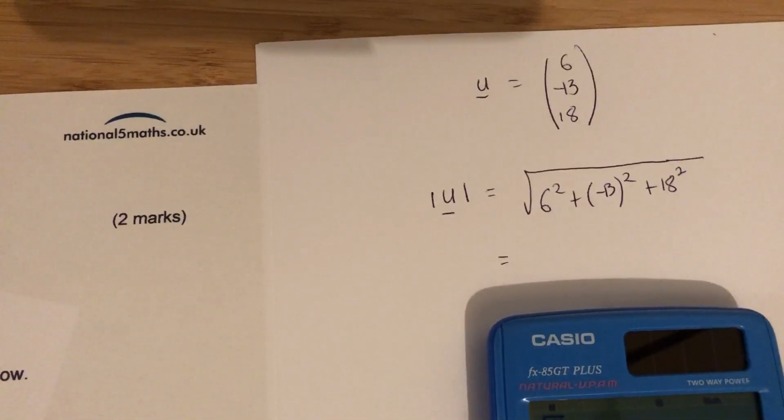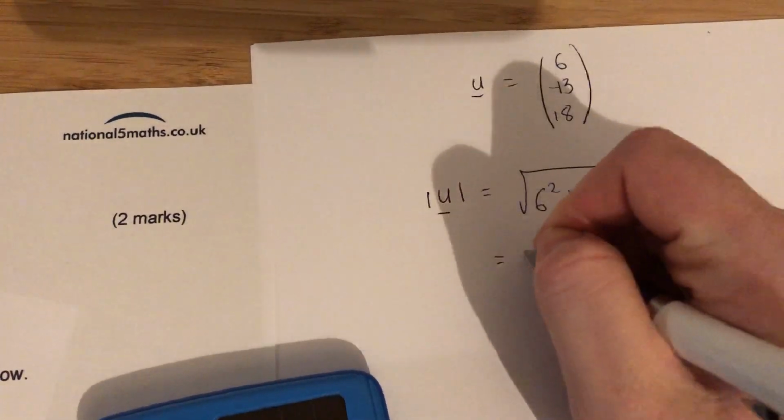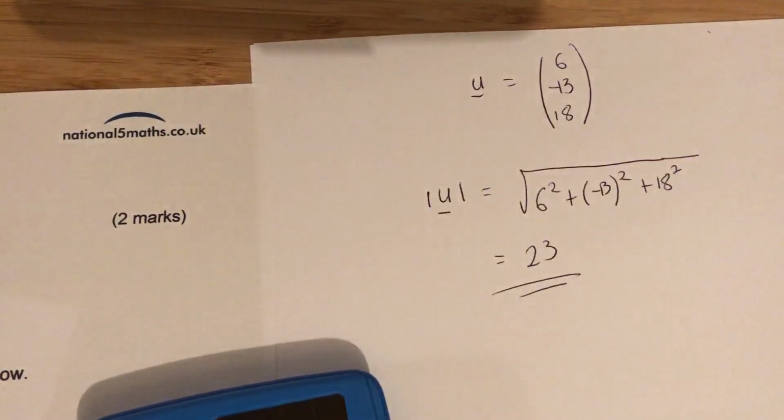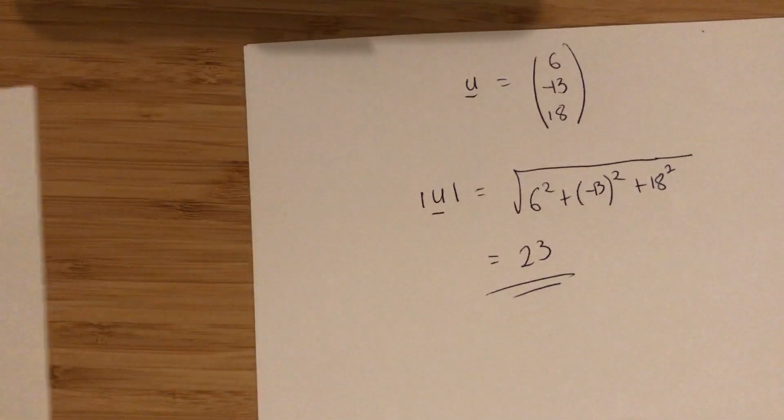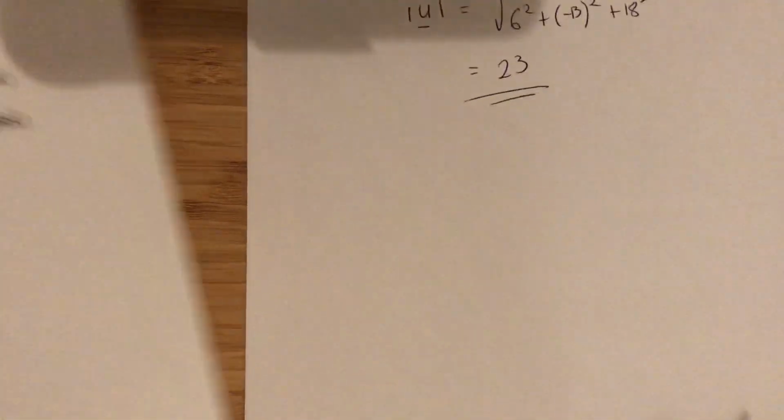So square root of 6 squared plus brackets, negative 13 squared plus 18 squared is 23. And so the magnitude of that vector is 23. Right, I'm going to do one more like that, and then I'm going to do one that's slightly different.